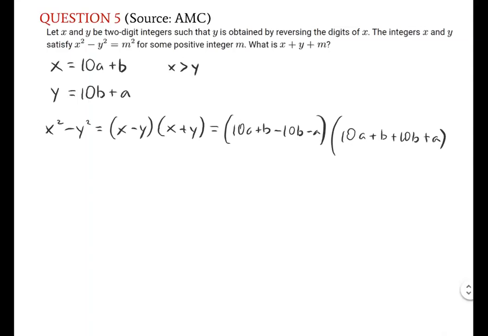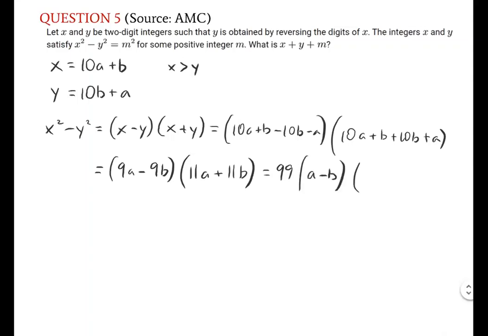So that is just equal to 9a minus 9b times 11a plus 11b. And we can take out the 9 and the 11 to get 9 times 11. That's just 99 times a minus b times a plus b. And this is all equal to m squared.